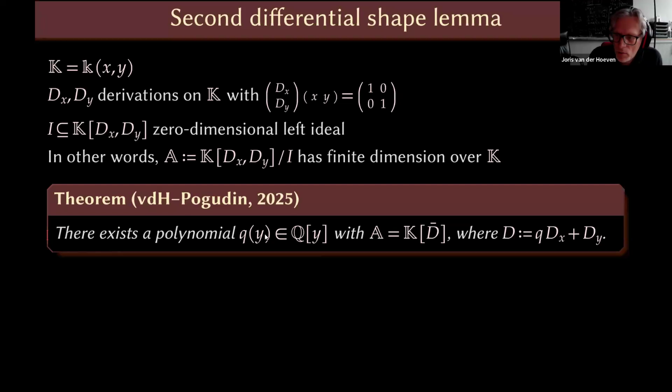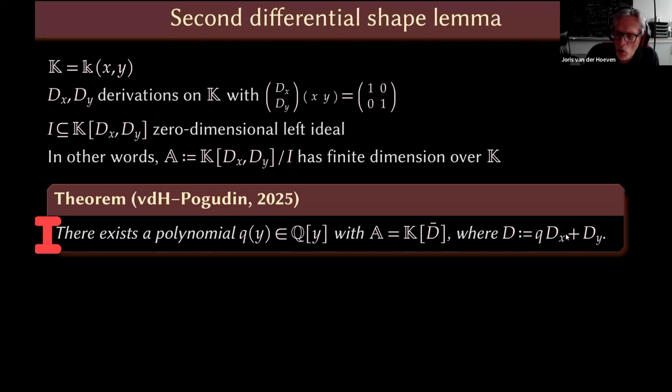there always exists a polynomial q such that if we consider this differential operator, D equals dy as before, plus this polynomial times dx. This time q is no longer a constant, it's a polynomial in y, but just in y; q does not depend on x.